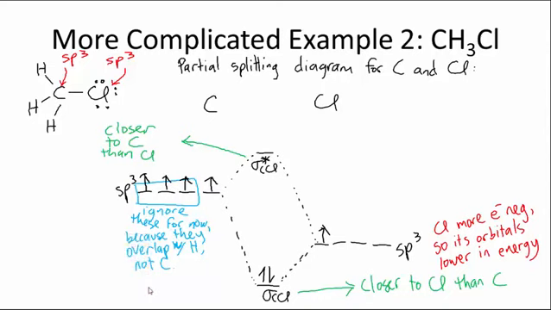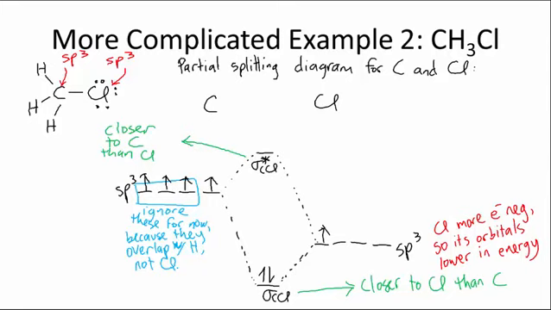I outlined in blue these 3 other sp3 orbitals from carbon that I said overlap with hydrogen, not chlorine. What about the other 3 orbitals on chlorine? What do they overlap with?